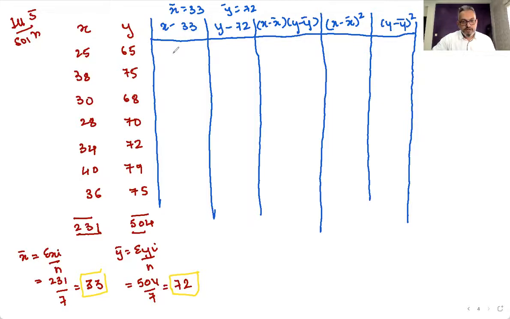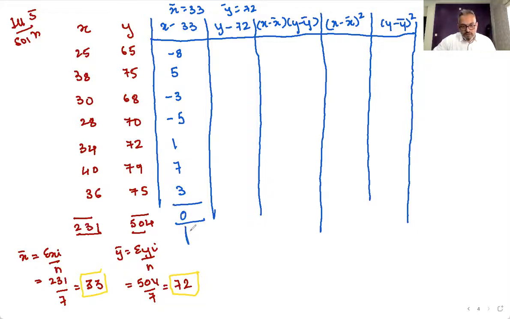So now let's start doing the calculation. 25 minus 33 is minus 8. 38 minus 33 is 5. 30 minus 33 is minus 3. 28 minus 33 is minus 5. Then 34 minus 33 is plus 1. 40 minus 33 is 7. And 36 minus 33 is 3. Do the total. 7 and 1 is 8, 8 and 3 is 11, 11 and 5 is 16, and 16 is 0.